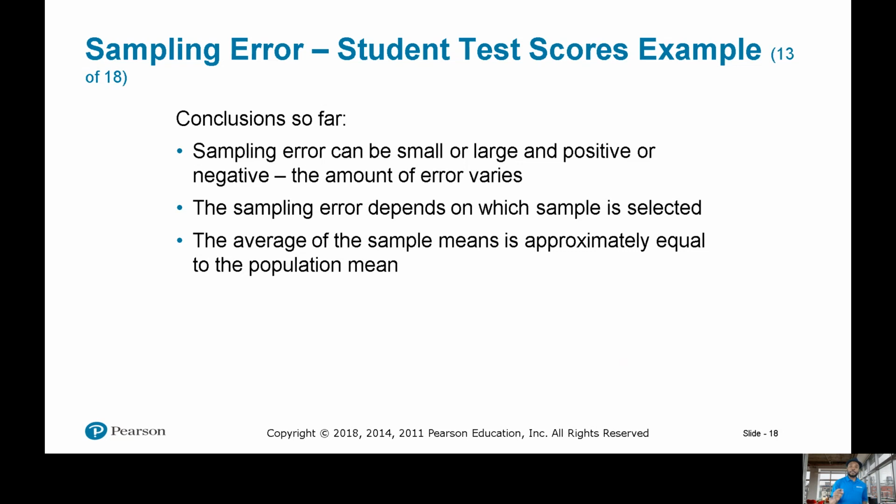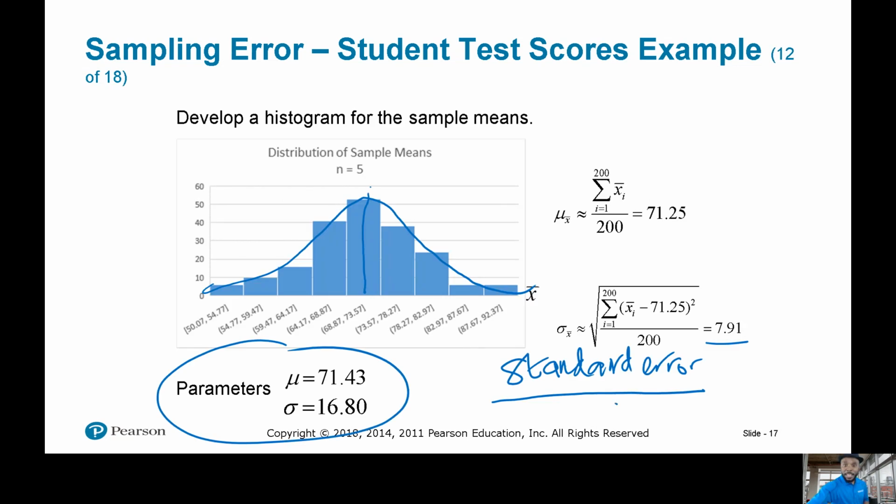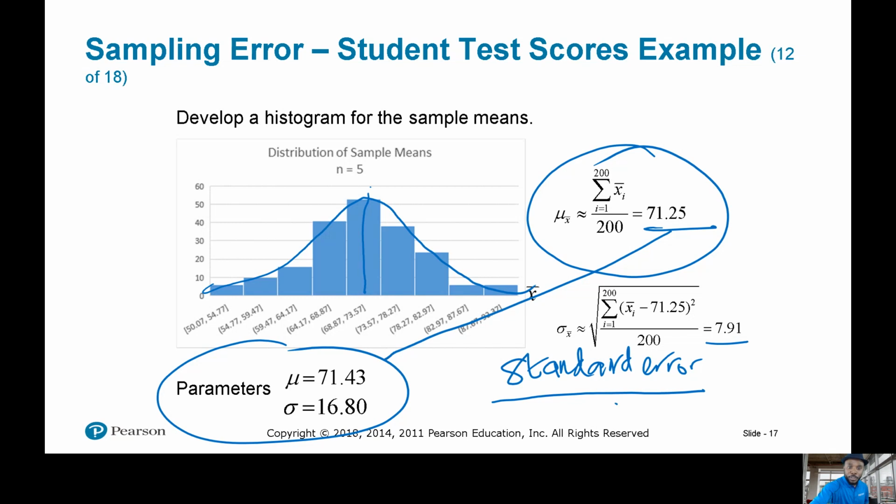The average of the sample means is approximately equal to the population mean. Look at it here. This is the average of all the sample means. And as you can see here, 71.25 is much closer to the population mean. Fantastic, right? I think that's amazing.